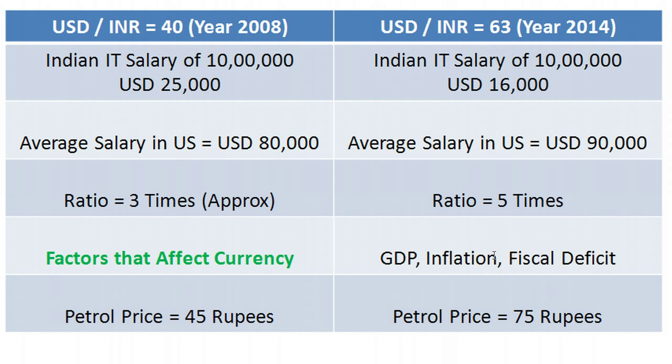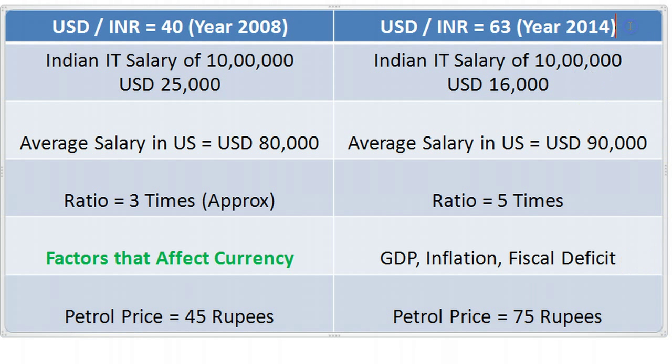And our Indian government has not been able to control this, and it has been going negative on all three factors. India's GDP has come down a lot since 2008, inflation has kept going up, and the fiscal deficit has also been increasing. So in all three factors, we've been on the negative side when we compare against the United States.